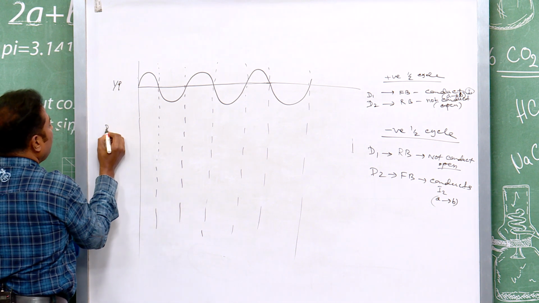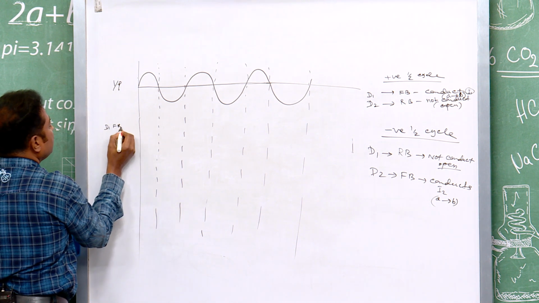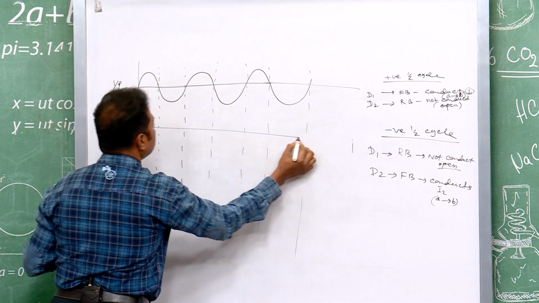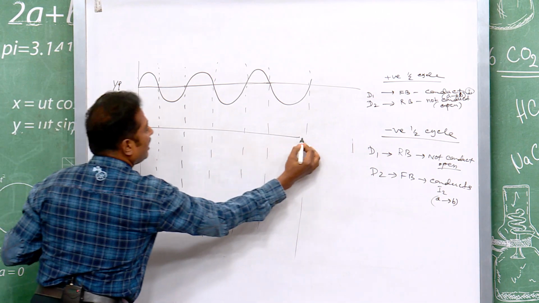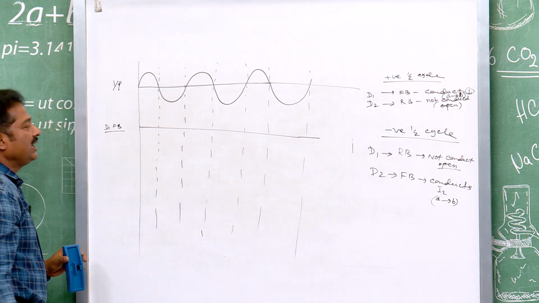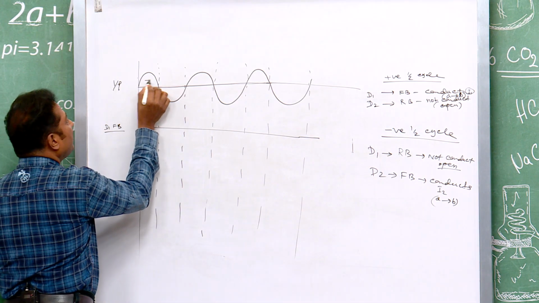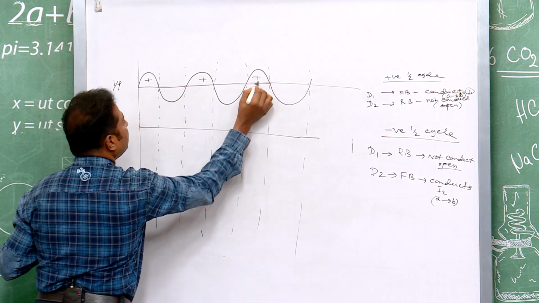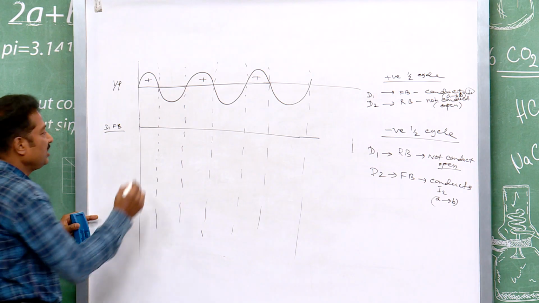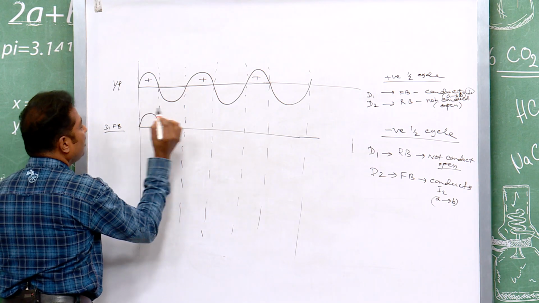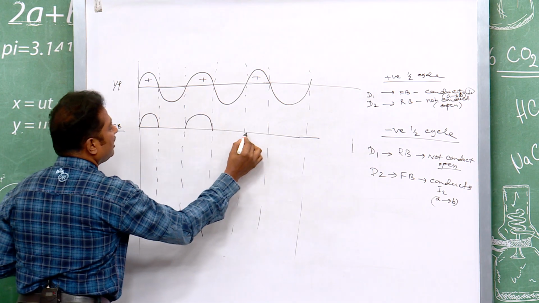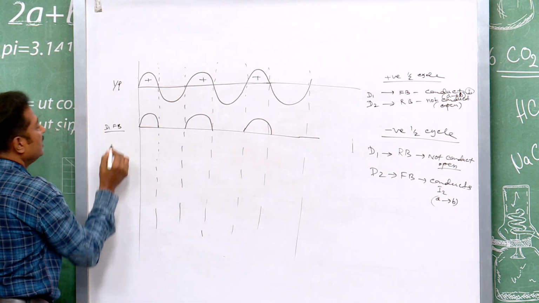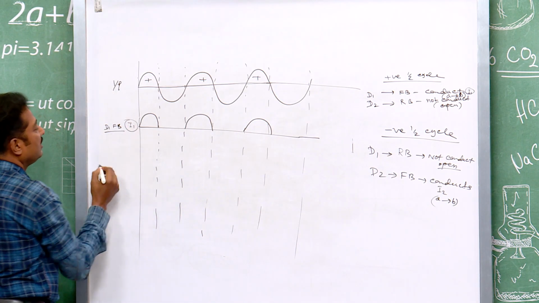Now, when D1 is forward biased, what happens? This is your output. D1 is forward biased, the current was I1, and for the positive half cycle, I1 flows through D1. So, this is your I1.